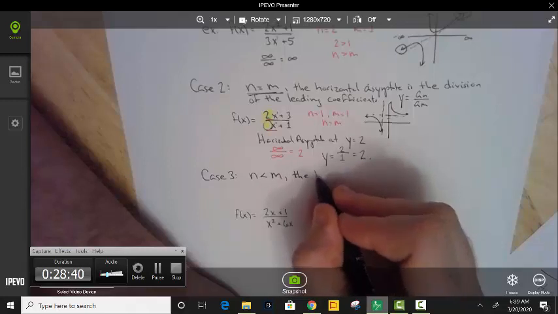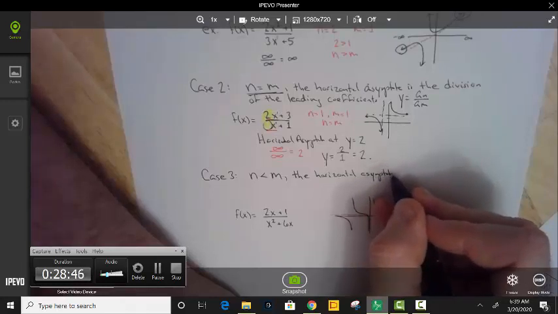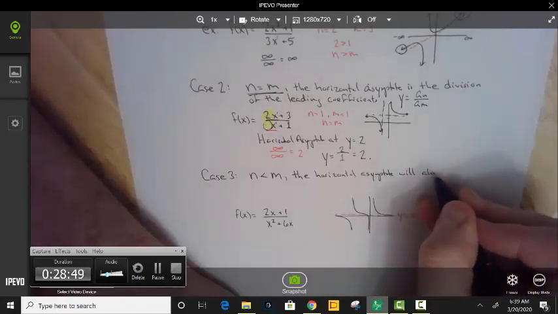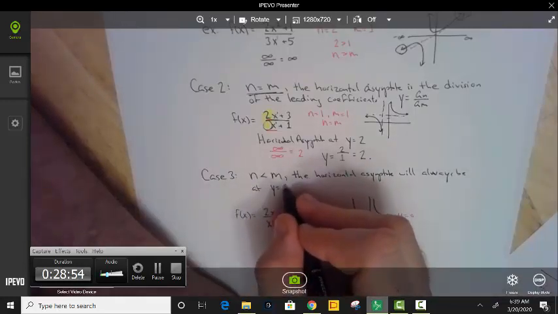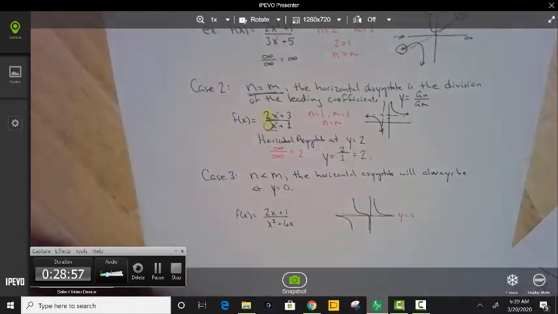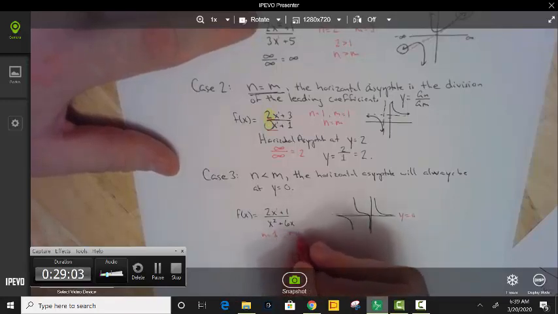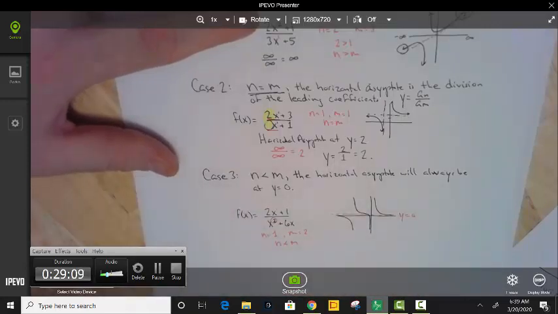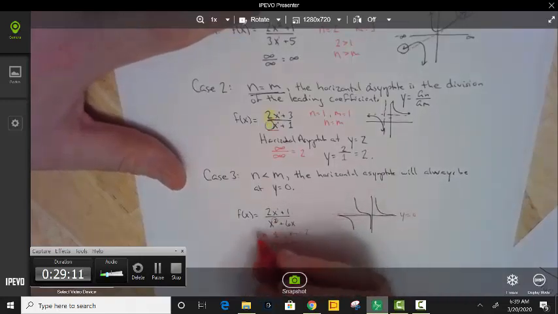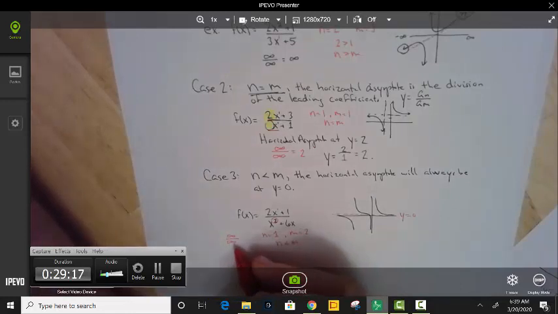If n is less than m, the horizontal asymptote will always be at y equals 0. And so if we look at this problem here, n is 1, m is 2, the degree on top is smaller than the degree on the bottom. And so what that means is, yes, we're going to be infinity over infinity, but the infinity on the bottom has a much larger magnitude.